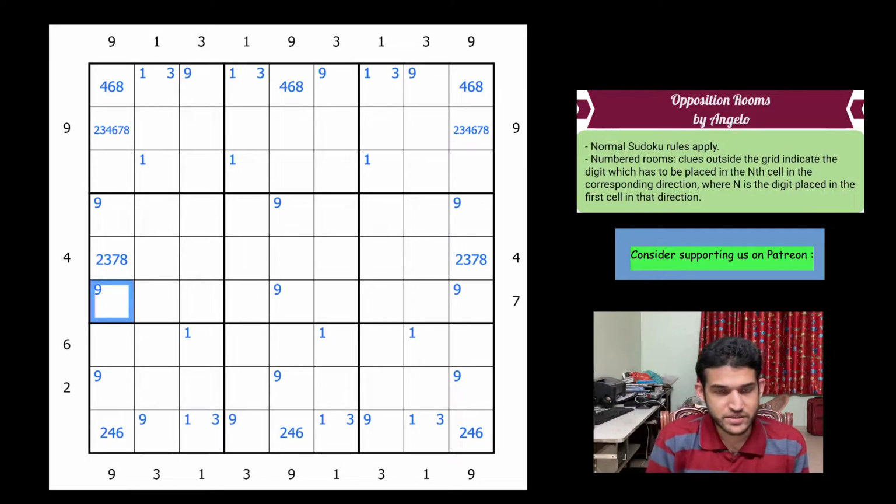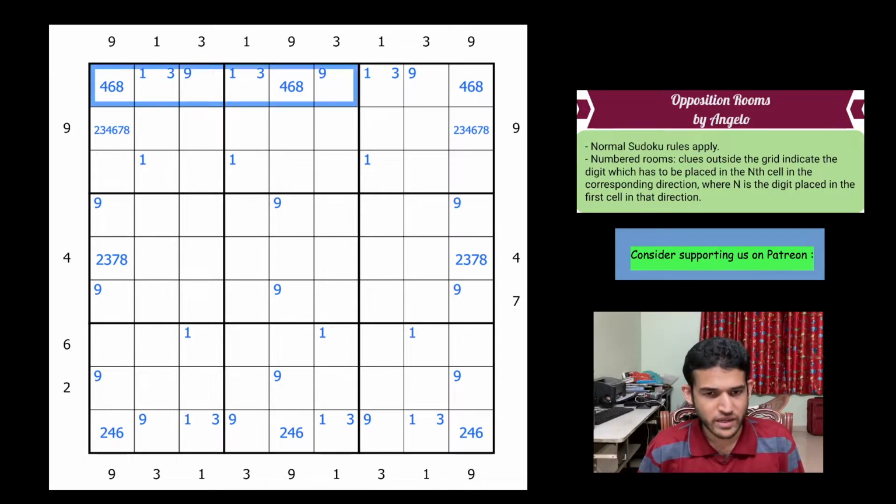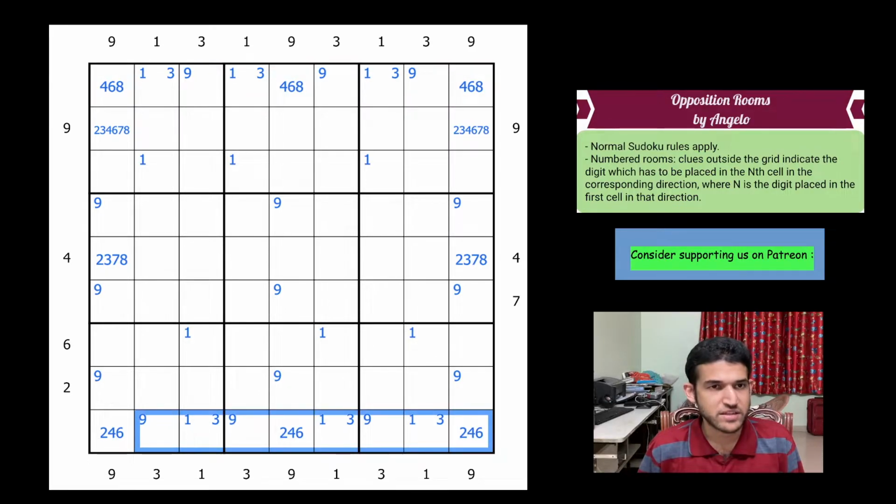It's kind of tricky here. Okay, so I'm going to write some center candidates in row 1 and row 9. I can't think of anything else.